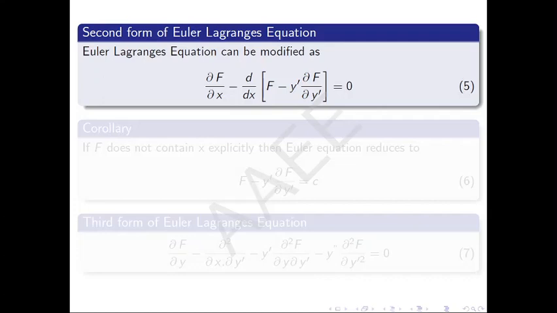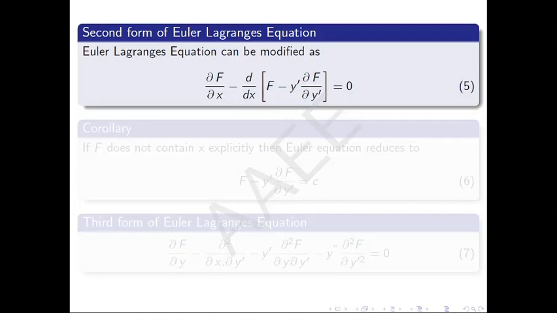The second form of Euler Lagrange's equation is that the above equation can be modified as del f by del x minus d by dx of (f minus y dash del f by del y dash).